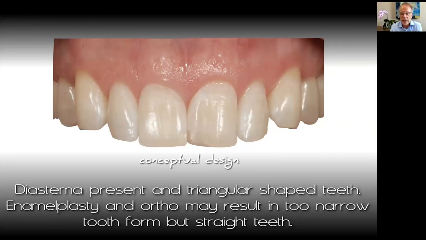So that's why I touched on a quick review of normal tooth proportion being 75 to 85% width to length. With a conceptual design, you can show the patient and ask, is that acceptable or not? If they say yes, it might be a straightforward orthodontic case with composite bonding on the incisal edges.